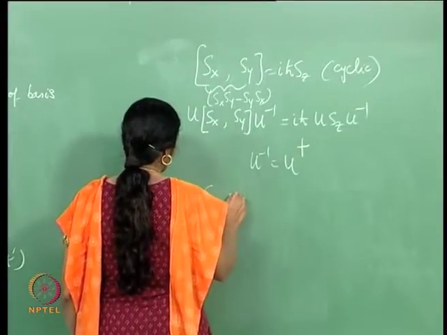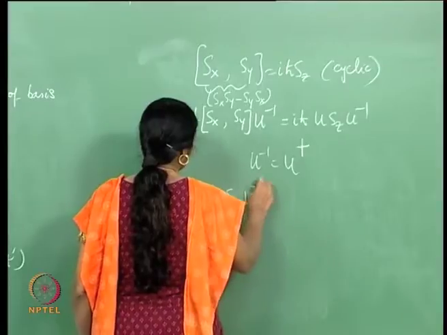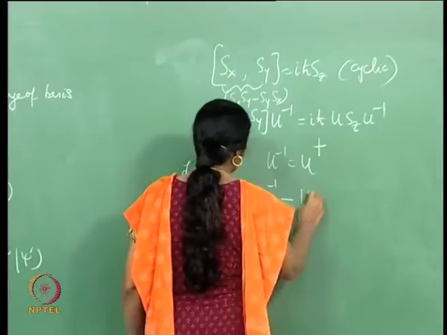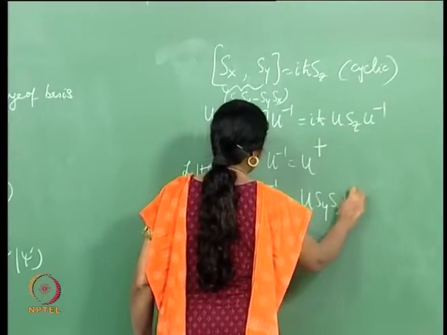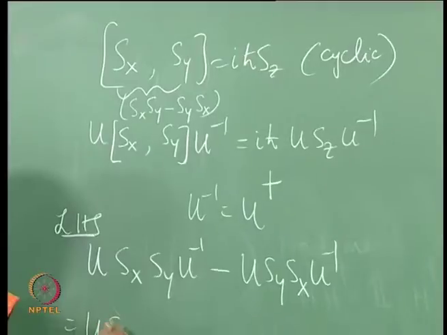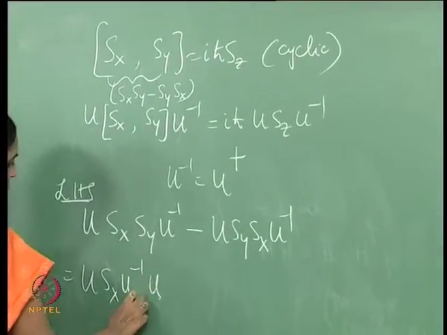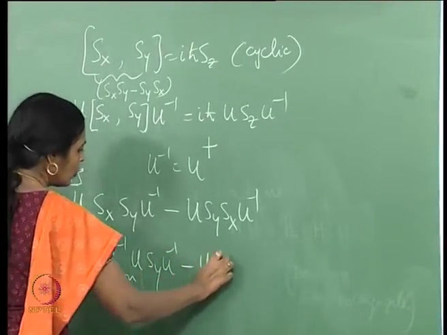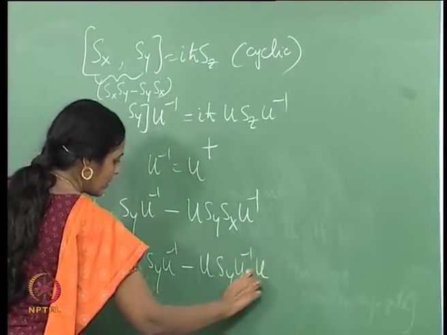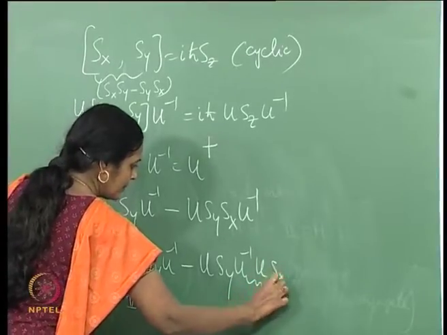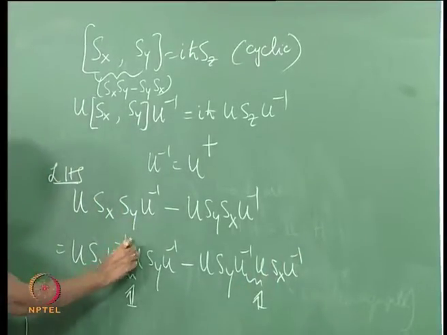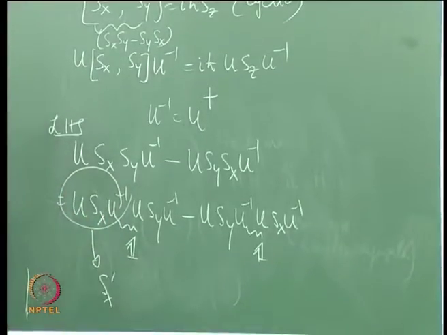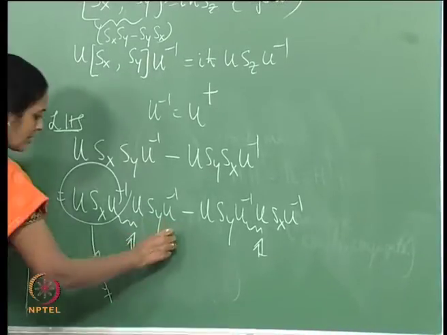Expanding out the commutator, the left hand side is simply this object, and I can well insert a u inverse u here because this is the identity. I could do the same thing here by inserting a u inverse u. This is the corresponding operator in the primed basis.